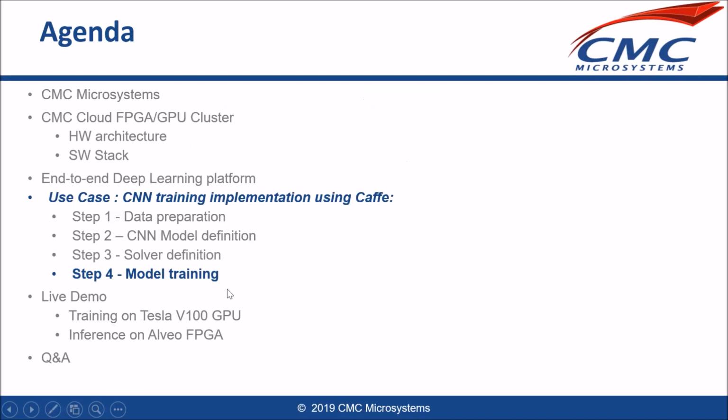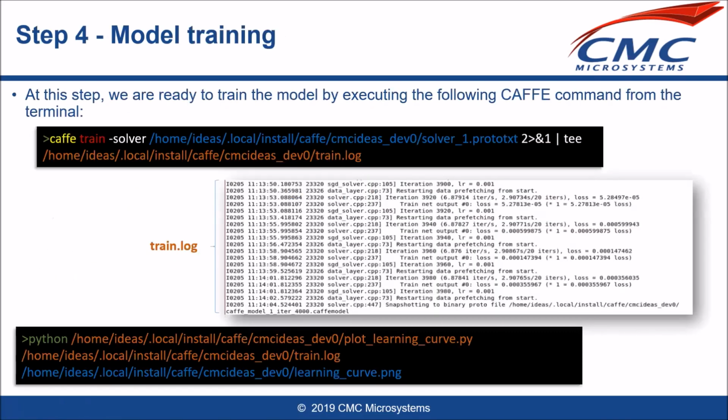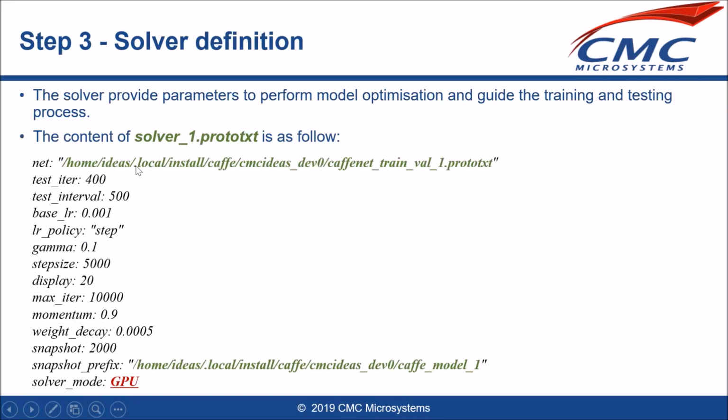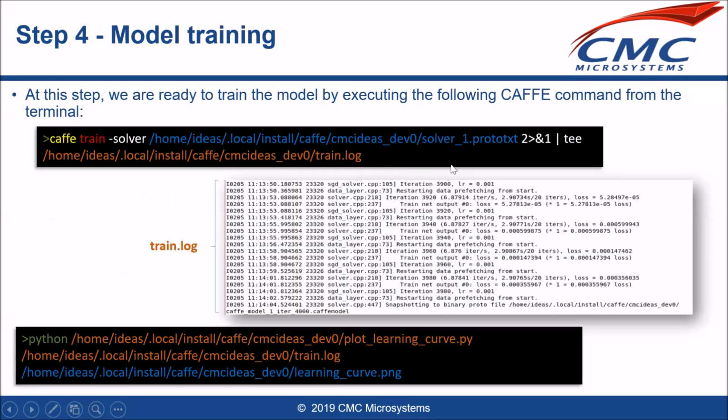The model training consists of a very simple command. You just need to issue caffe train and set a path to the solver we just provided. The solver lets Caffe find the path to the model that needs to be trained.